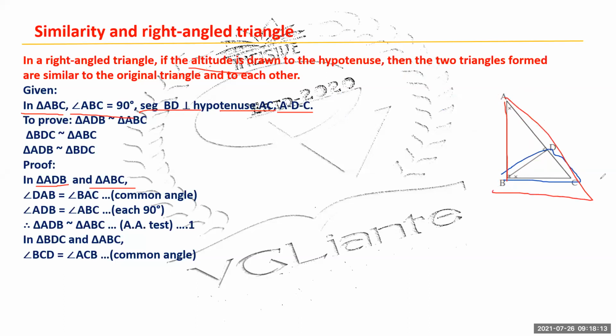This angle C is common. And the other pair, you know, this pair is 90 and this pair is 90. So again, one angle is common and the other is a right angle.